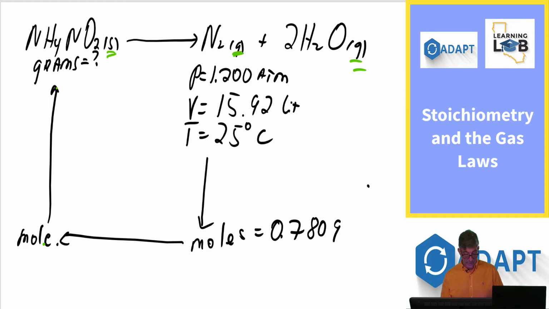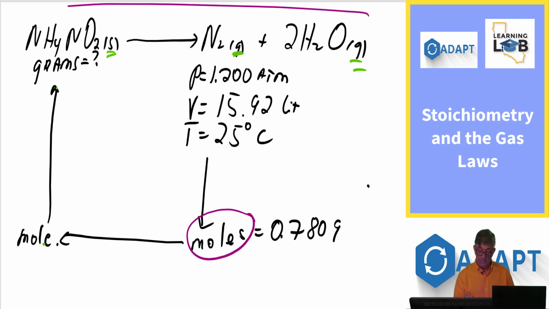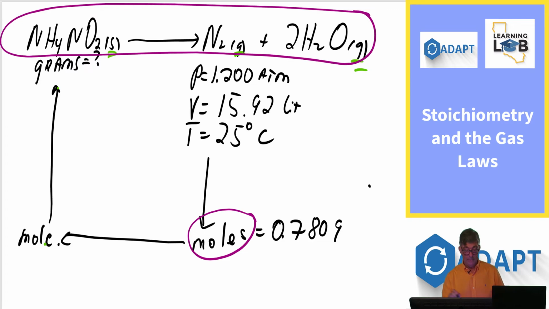Then we identify how many moles of the ammonium nitrate would be required to generate that number of moles. In the balanced chemical equation, we have a 1-to-1 ratio between that reactant and the product. So the moles of that reactant are also 0.7809 moles. Again, we have a molar ratio of 1-to-1.